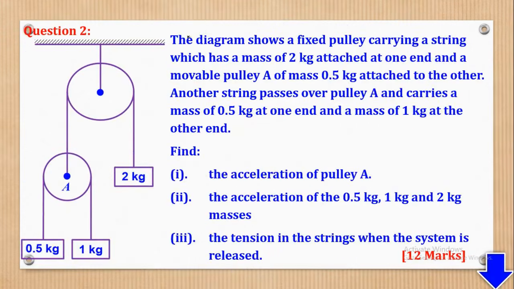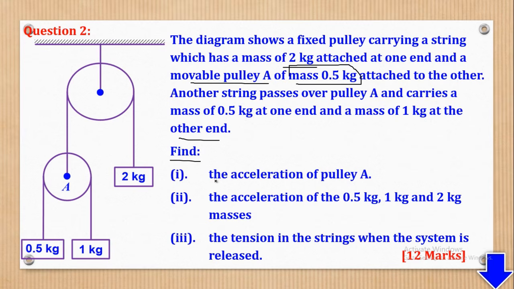So now we shall go to question 2. Question 2 says that the diagram shows a fixed pulley carrying a string which has a mass of 2 kilograms attached to one end and a movable pulley A of mass 0.5 kilograms. So this time the movable pulley has a certain mass attached to the other. Another string passes over pulley A and carries a mass of 0.5 kilograms at one end and a mass of 1 kilogram at the other end.